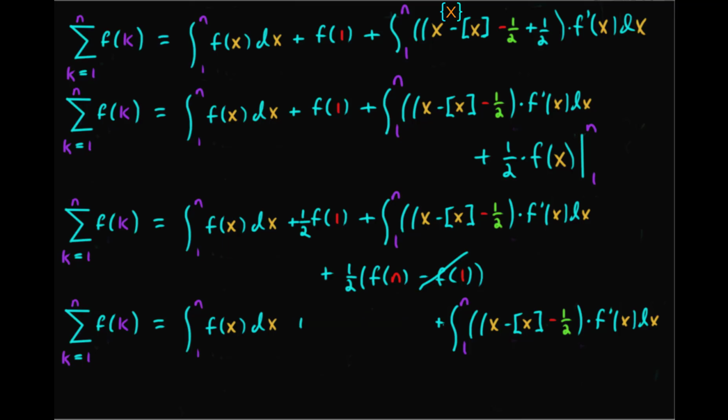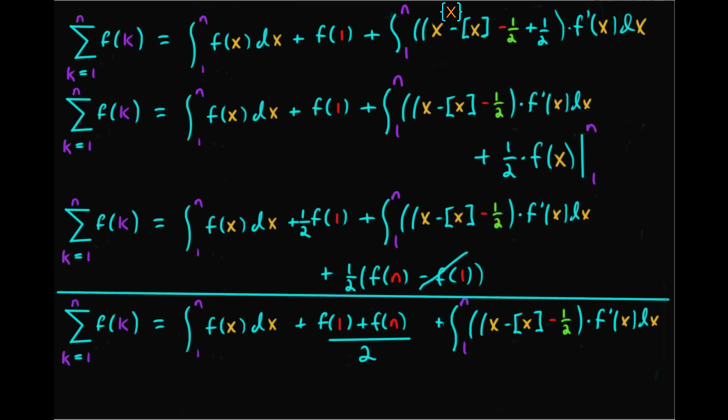But I want to just rewrite those two terms in the middle, 1/2 times f of 1 plus 1/2 times f of n. That's really the average of f of 1 and f of n if I combine those two terms together. It's f of 1 plus f of n over 2. And some people call this term in the formula the trapezoidal correction term because it's the trapezoidal height that we would use if we were estimating the integral by the trapezoid rule. So there's our trapezoidal correction term.